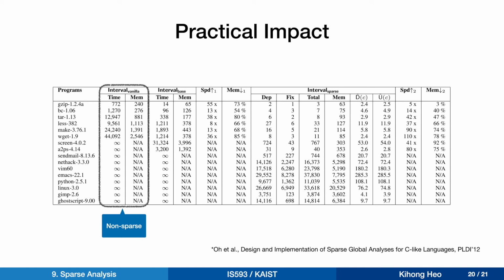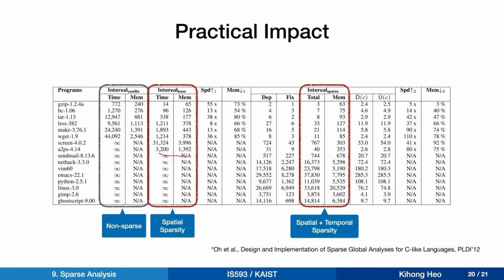If the analysis exploits only spatial sparsity, it can reduce the cost a lot, but as you can see, it still does not scale beyond some moderate size. Finally, combined with temporal sparsity, it can save the analysis cost a lot, and it is finally scalable to millions of lines of code.